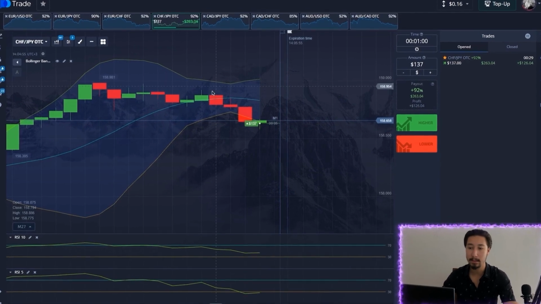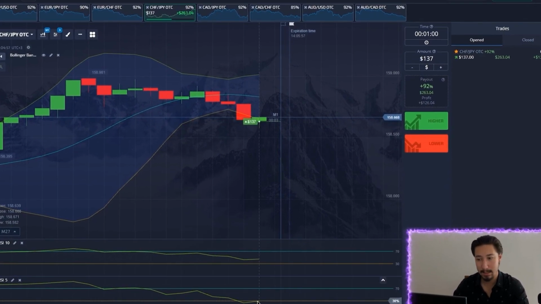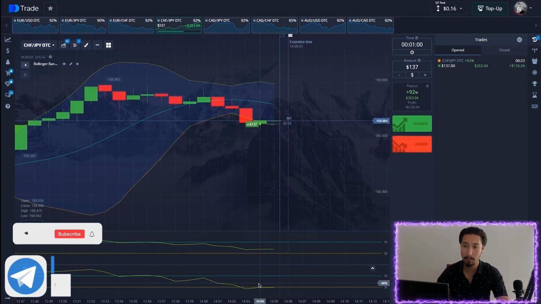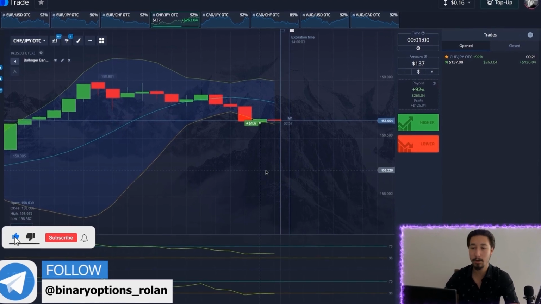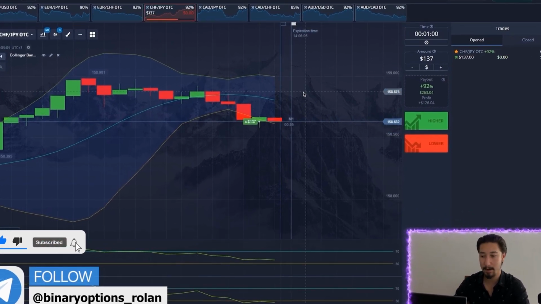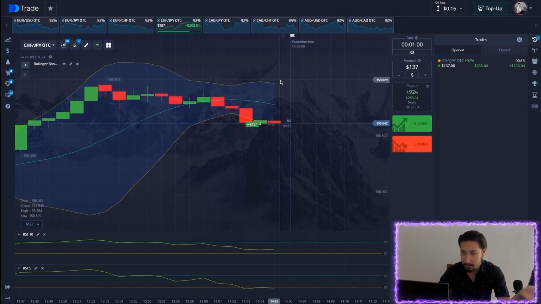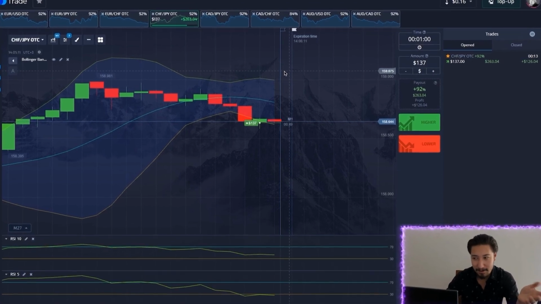In our case, the touch has occurred and we see an exit from the oversold area according to our RSI with a period of 5. So here we should also see a rollback in the price, upward again. So let's look at the result, maybe, I don't know, right?